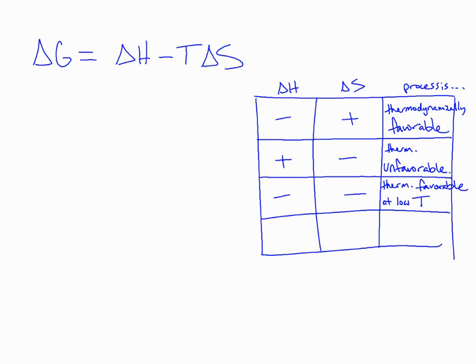Because there are three pieces to this equation. There's delta H, there's temperature, and there's delta S. So temperature plays a factor. In this case, if the temperatures are low, then it'll work. But if the temperature is too high, it won't work.